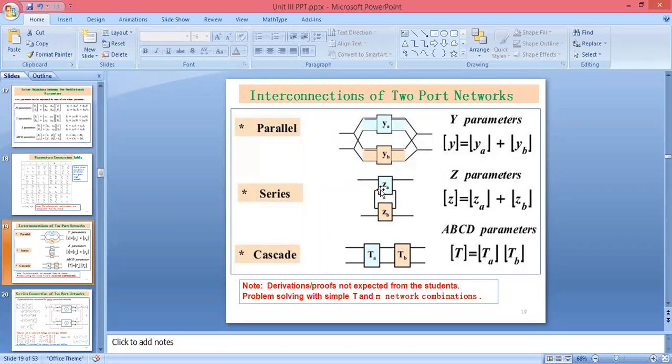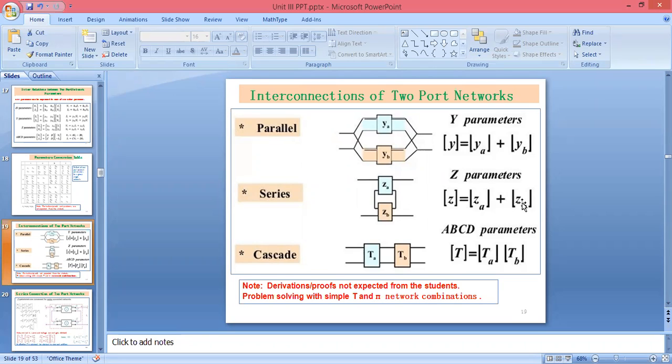You can see one is interconnected with the other directly by using a wire. So ZA and ZB, these two port networks, are connected in series with each other, and if you calculate the equivalent Z parameter for this series network, you will get Z equal to ZA plus ZB.